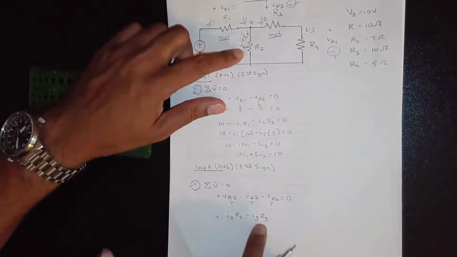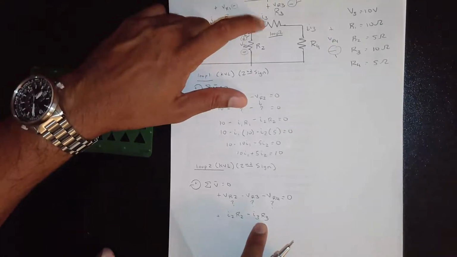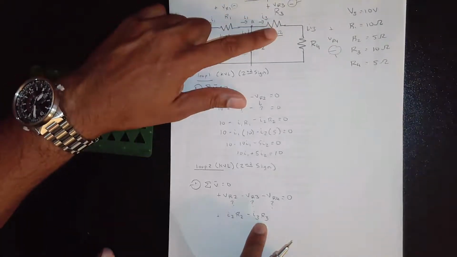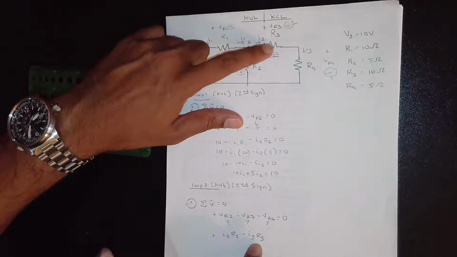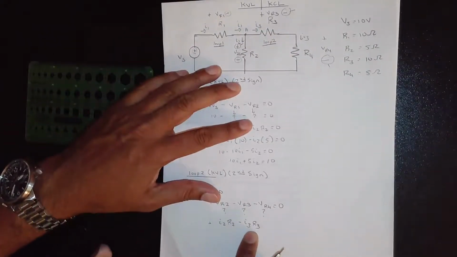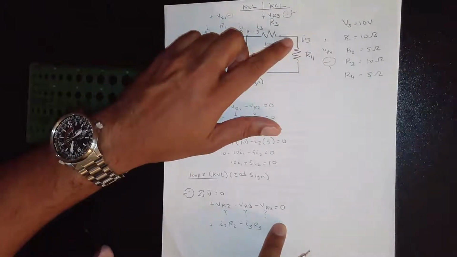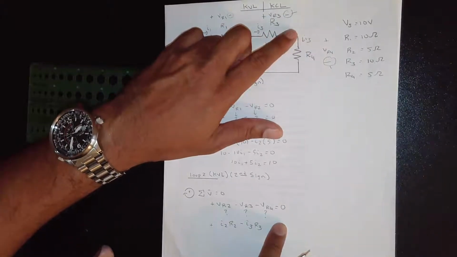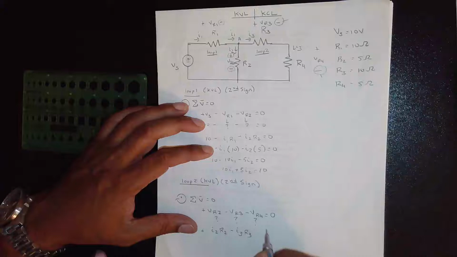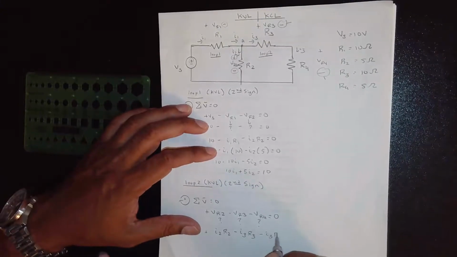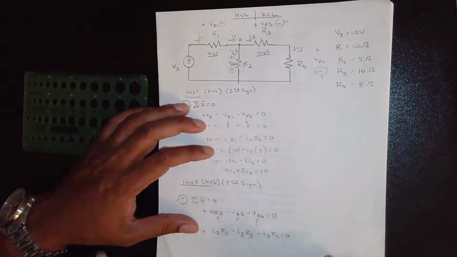I2 R2, I3 R3. If you can't see it, I3 R3, right? And then VR4 is going to be I3 R4. VR4 is here, I3 R4. Minus I3 R4 is equal to 0.